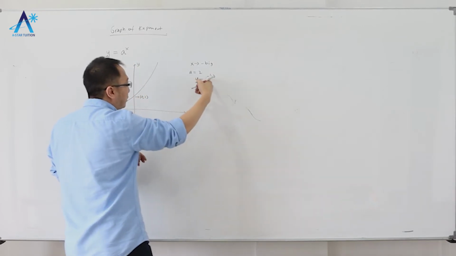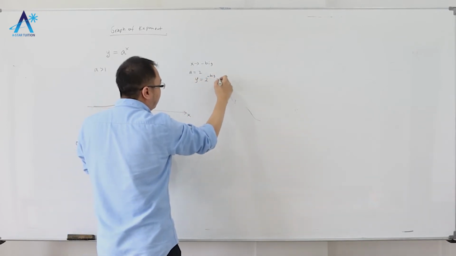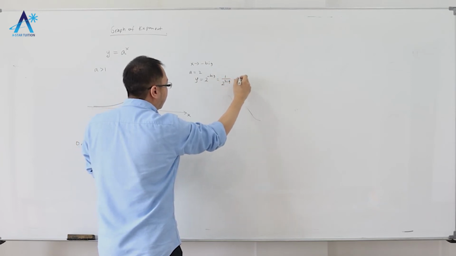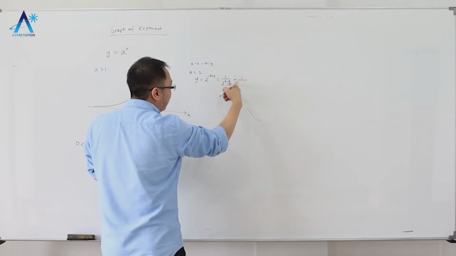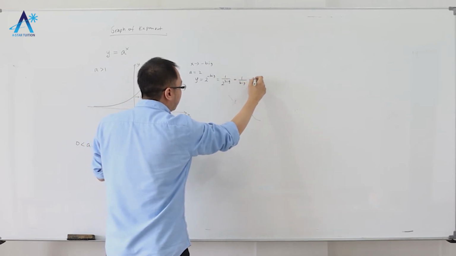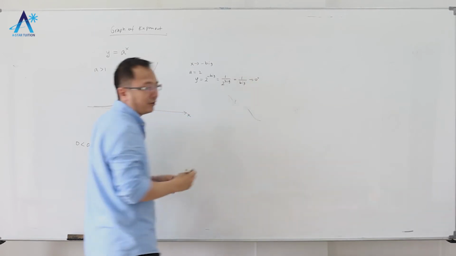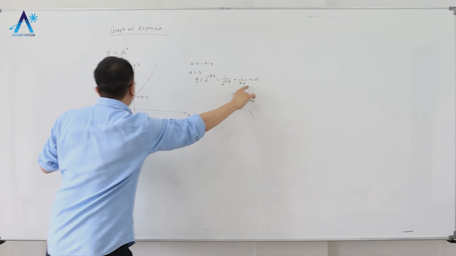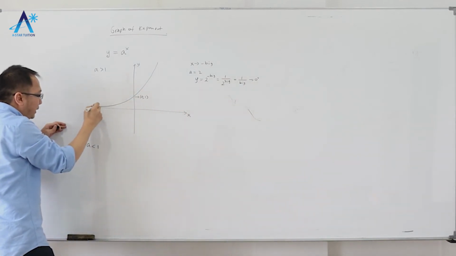We know that 2 power negative big could be written as 1 over 2 power big, which is equal to the reciprocal of a big number, and this is approaching 0, but still a positive number. Okay, this is being shown here.